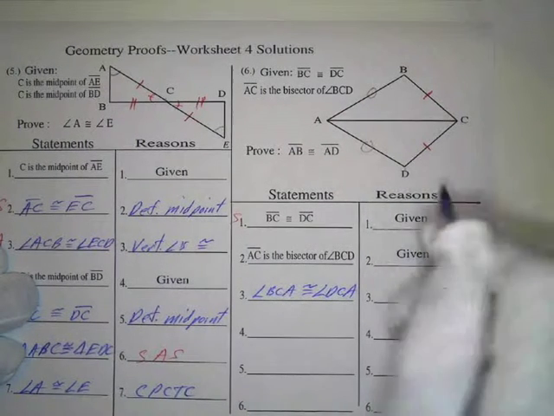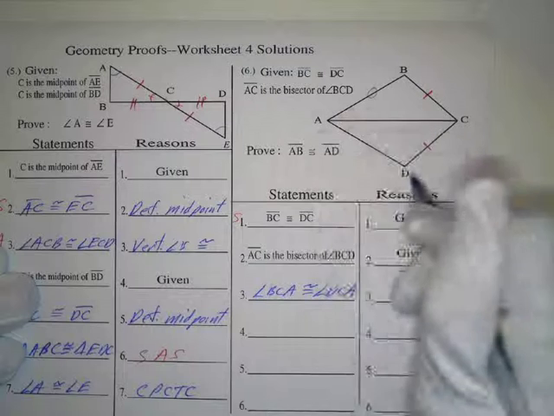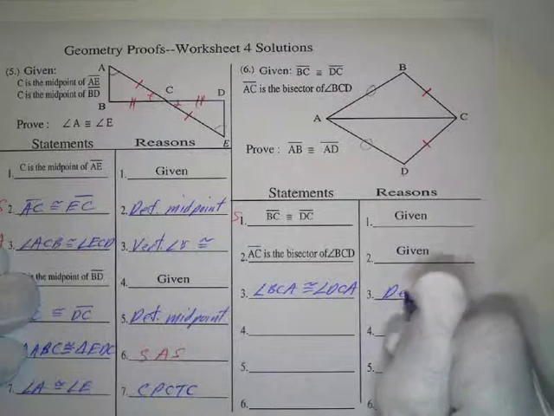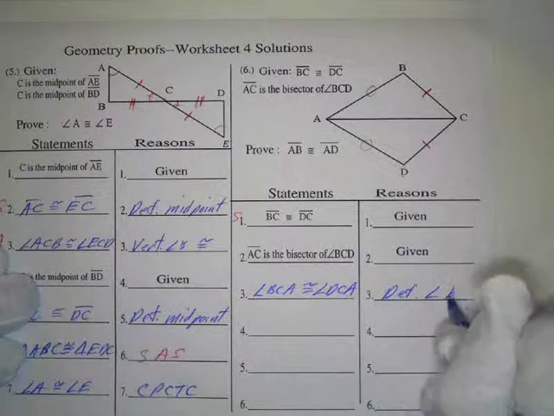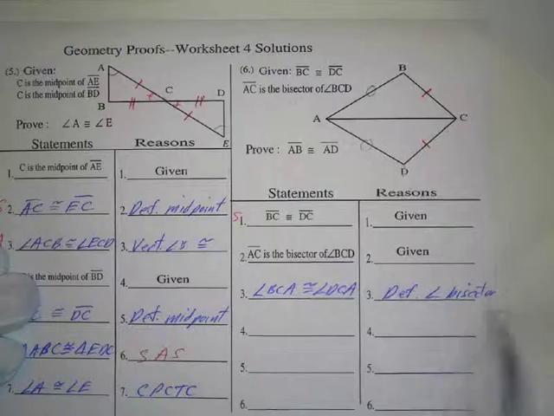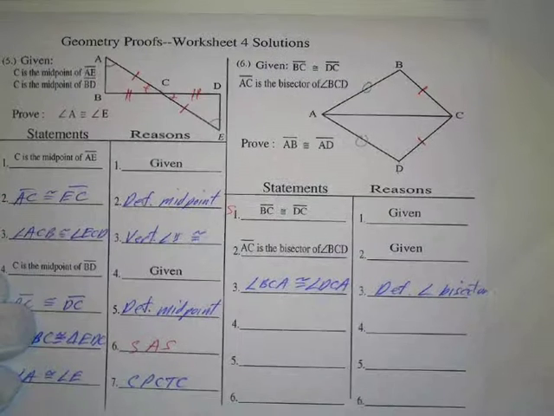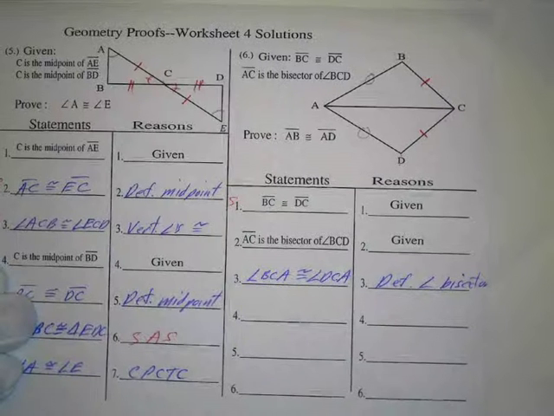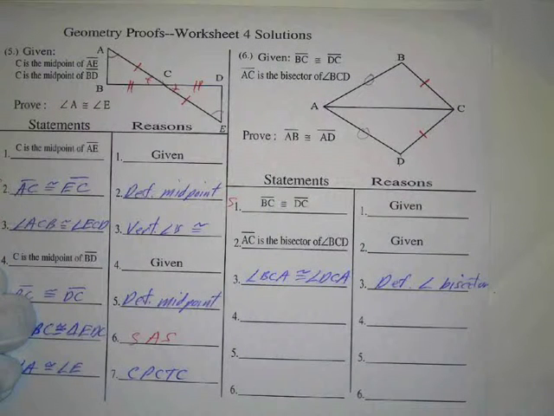That's the definition of an angle bisector. And that gives me an angle, so I'm going to mark those angles.